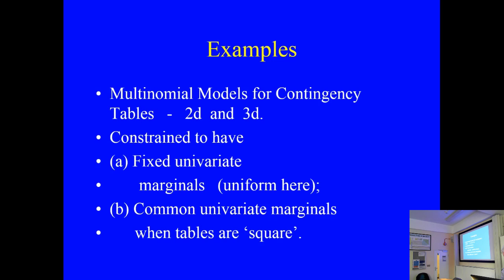2 problems. In one case, the univariate marginal distributions are fixed, and in our case, fixed to be uniform. In the second case, the univariate marginals are the same, but when the tables are square. 2 standard problems.